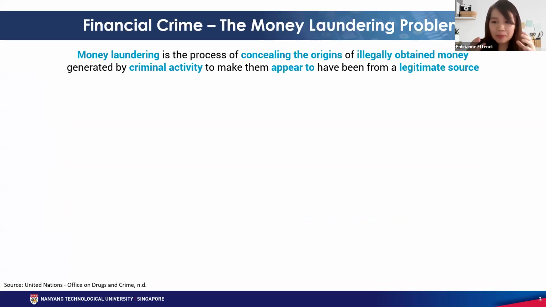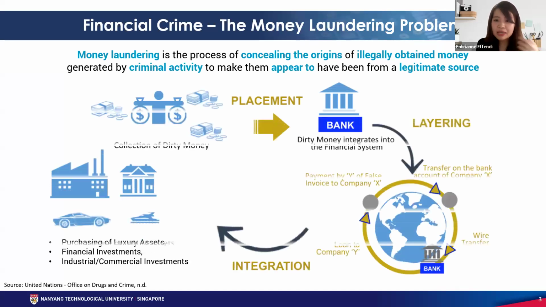Money laundering is the process of concealing the origins of illegally obtained money generated by criminal activity to make them appear to have been from a legitimate source. So there are three main stages in money laundering: placement, layering, and integration.